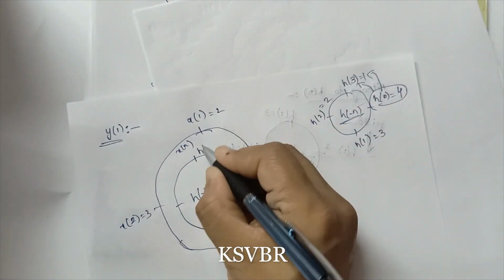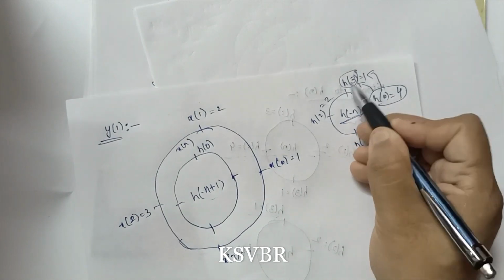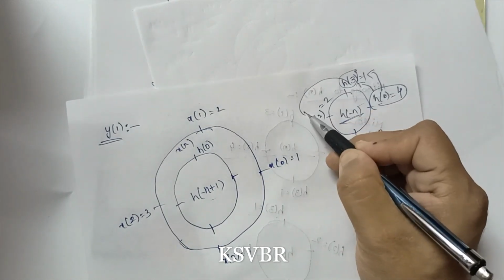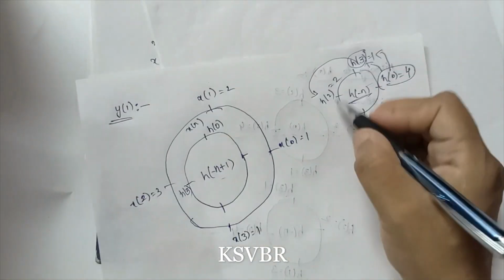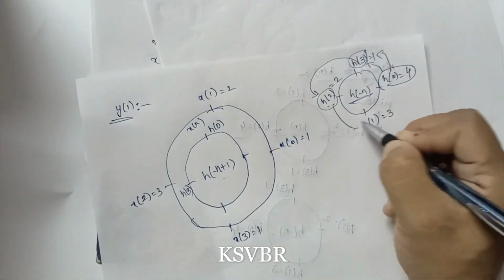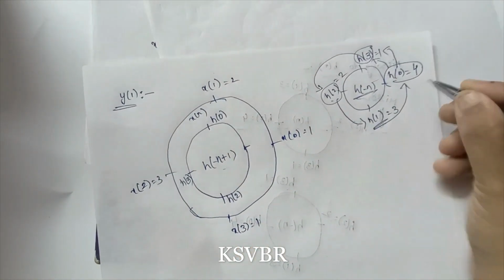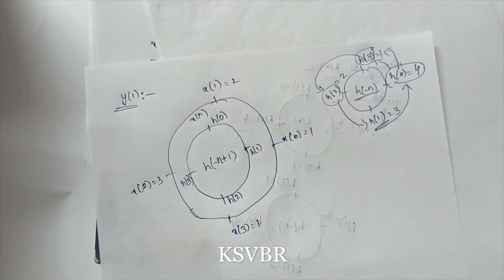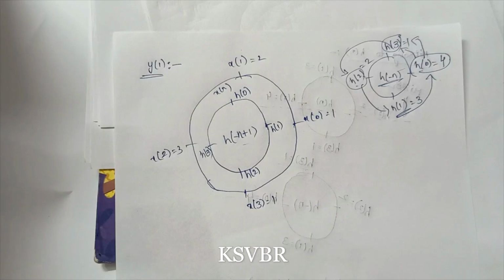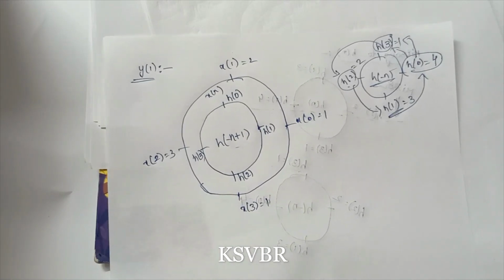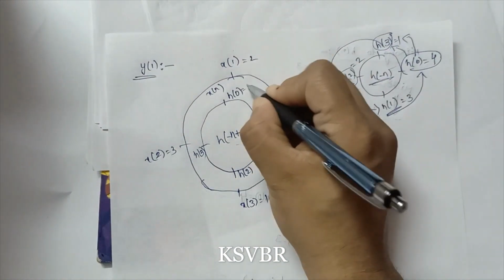So here h of 0 will come. And previously here it was h of 3, and h of 3 will go to this place. So this will be h of 3. And now h of 2 will go to this place, and h of 1 will go to h of 0's place. Okay, so this is the way. This is h of minus n plus 1. So the next process is the same. You know this one. So h of 0 is equal to 4.